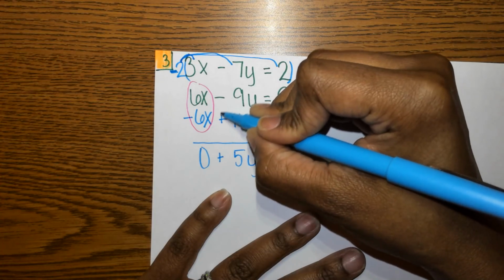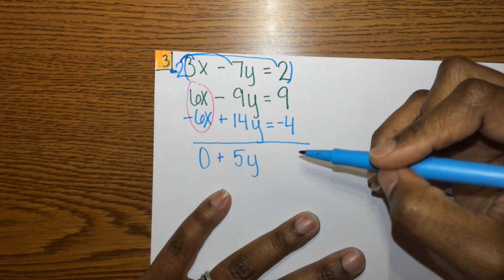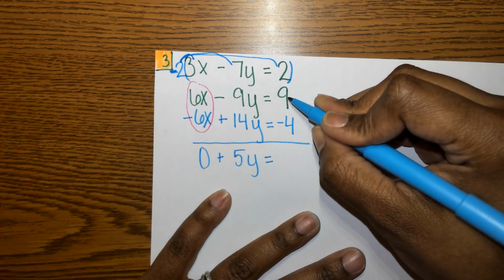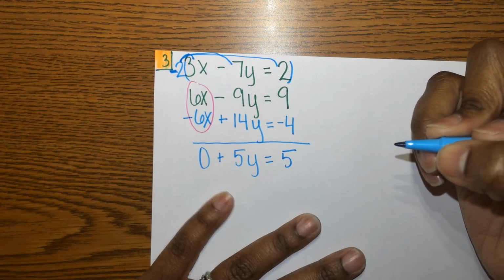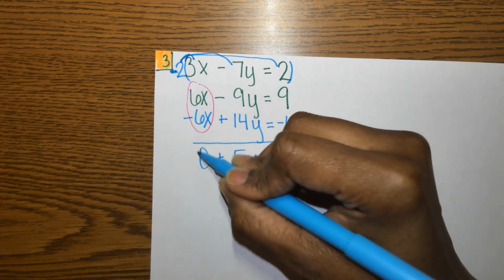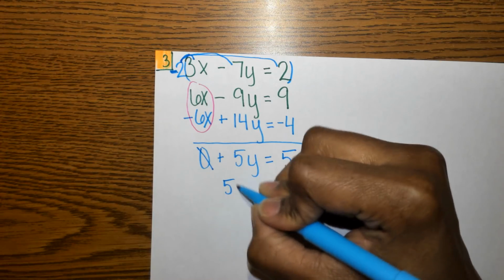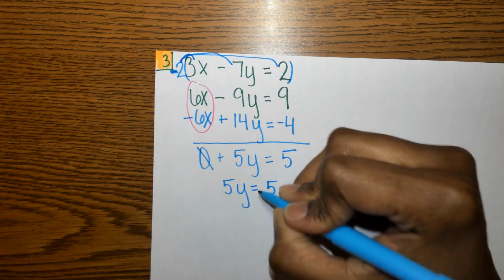Keep the sign of the larger number. The 14 is larger, so it's positive. And that's equal to 9 plus negative 4, which is positive 5. So now I don't need that 0 there, so I'm just going to write 5y is equal to 5.